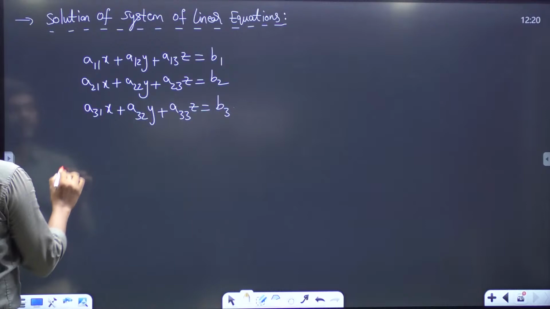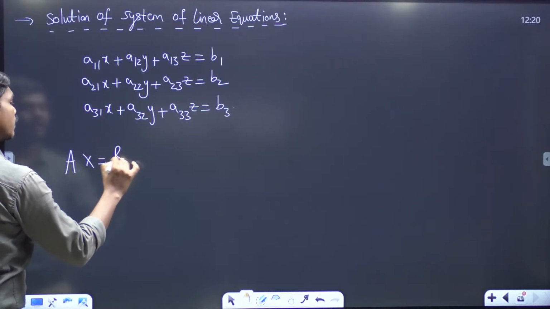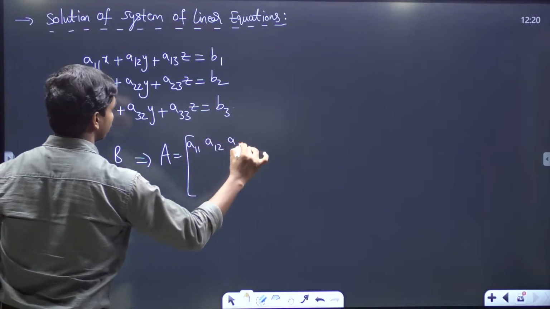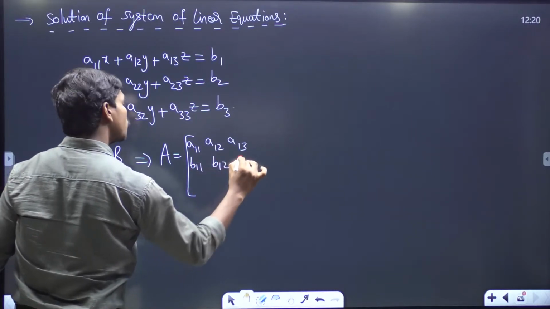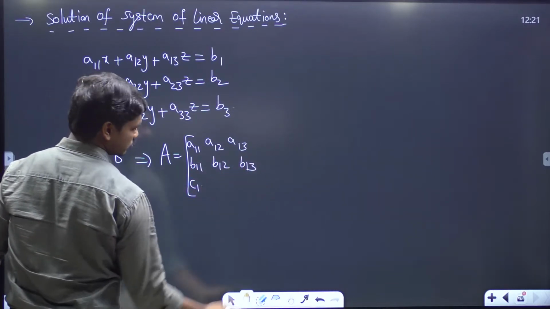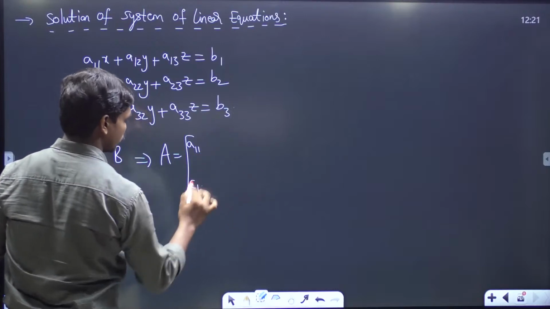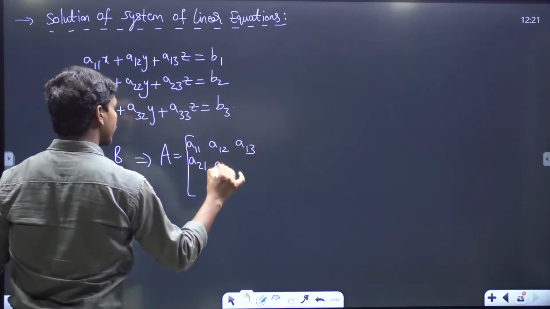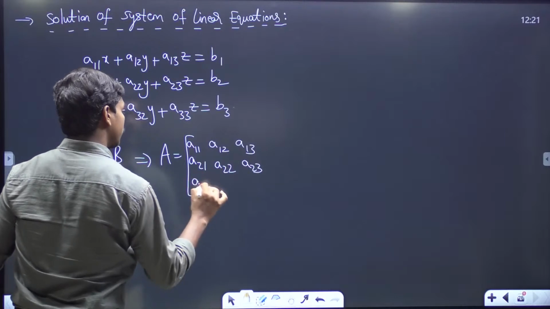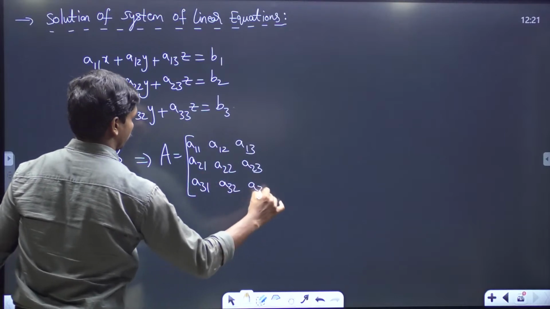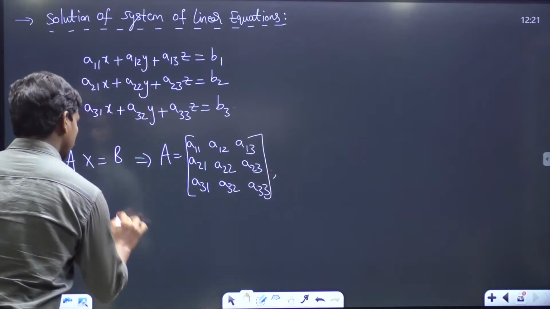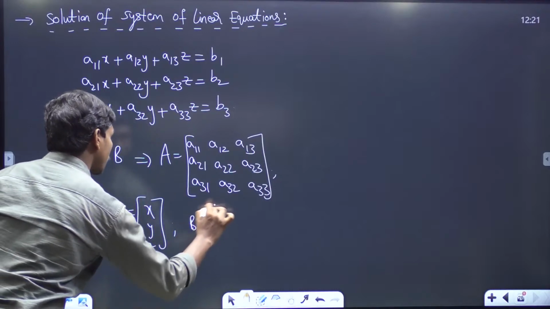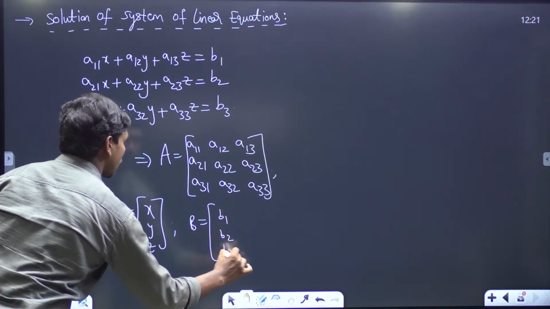Then we have seen this can be written in the form Ax is equal to B in matrix form, where A is the matrix of coefficients a11, a12, a13, a21, a22, a23, a31, a32, a33, where x is equal to x, y, z, and B is equal to B1, B2, B3.